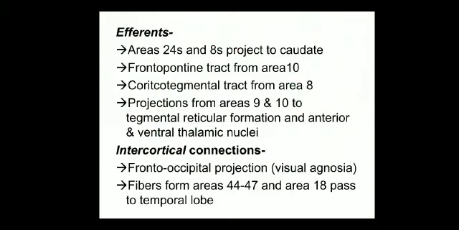So this is the importance of the fronto-occipital projection. If there is damage to this, it produces object vision hemianopia, also called visual agnosia.